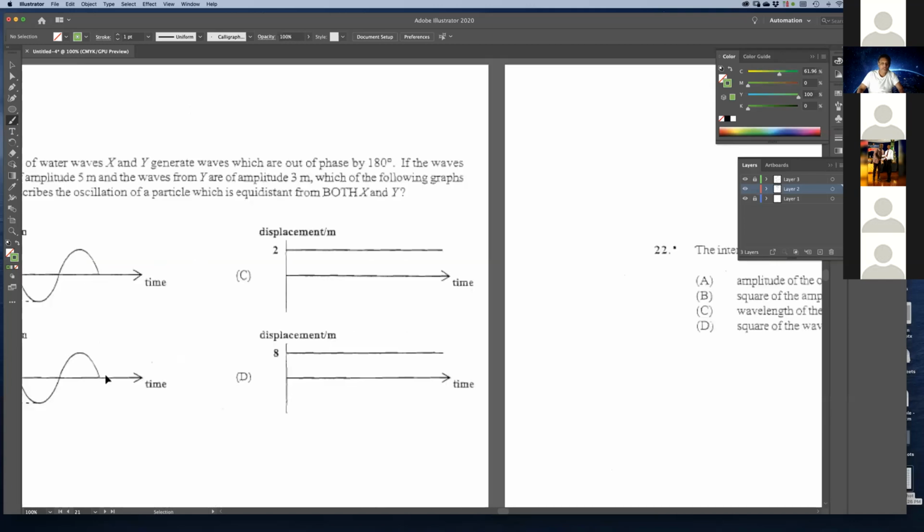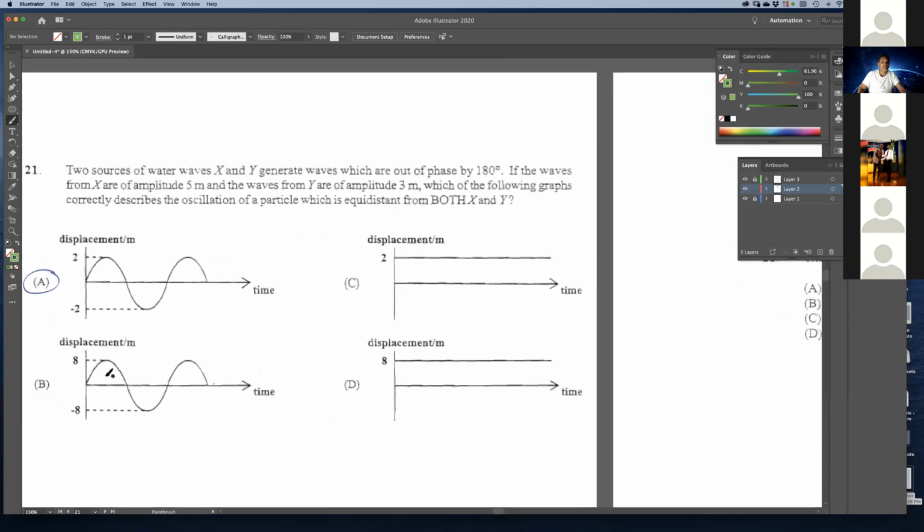Two sources of water waves X and Y generate waves which are out of phase by 180 degrees. What does it mean to be out of phase by 180 degrees? It means destructive interference.